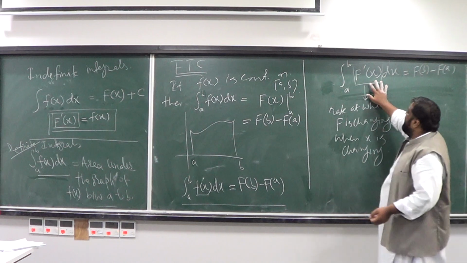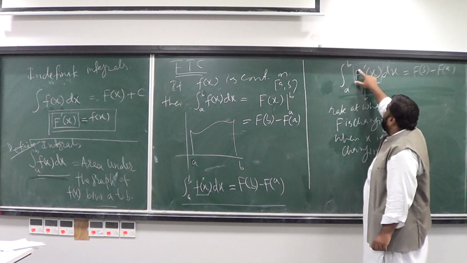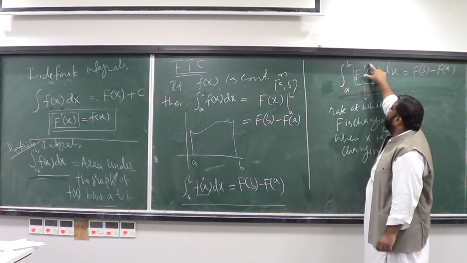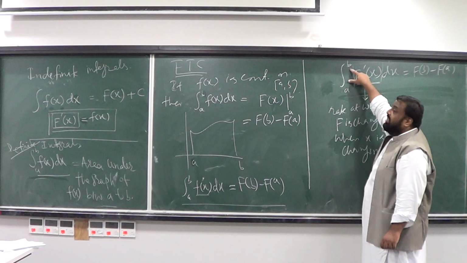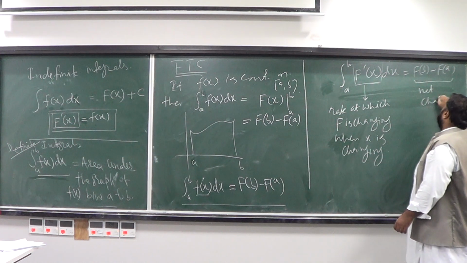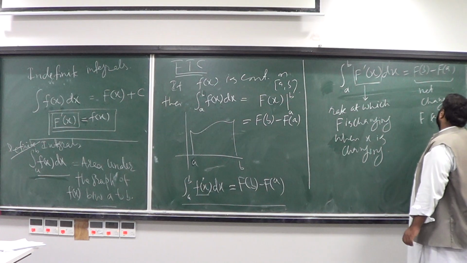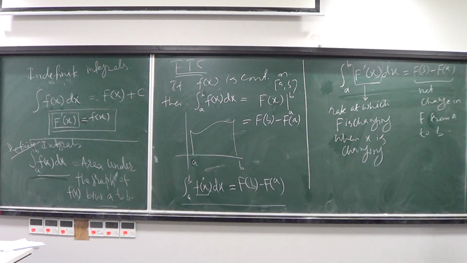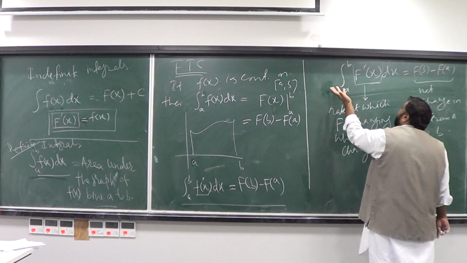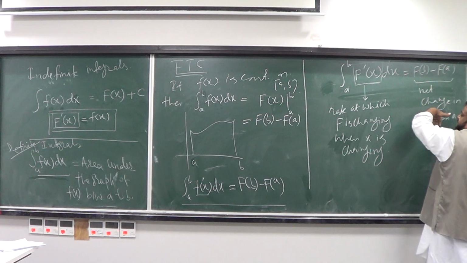So you may now interpret this statement as: the sum of all tiny changes in F from A to B is equal to the net change in F from A to B. If you combine all tiny changes in F from A to B, you end up with the net change in F from A to B, where A is the initial point and B is the final point.